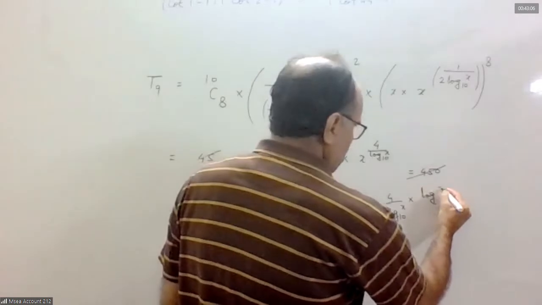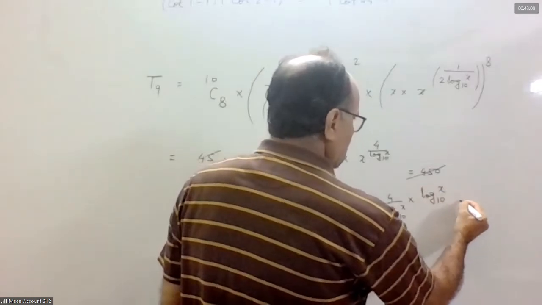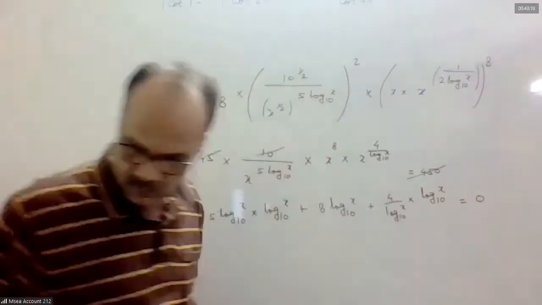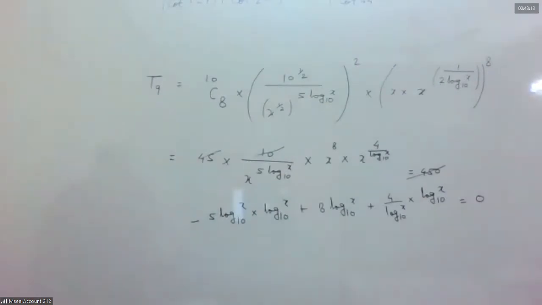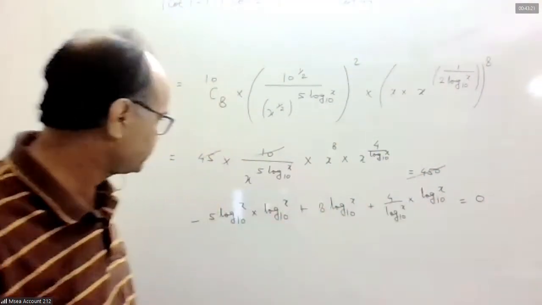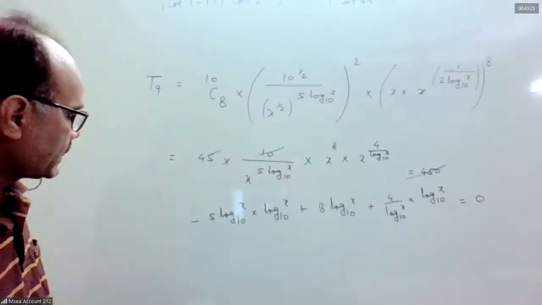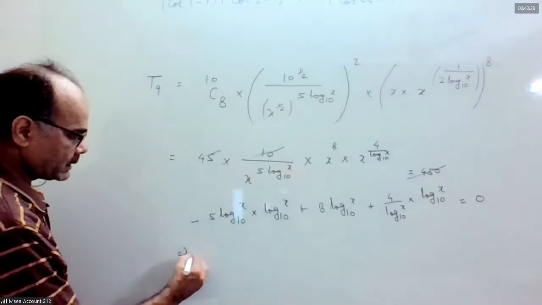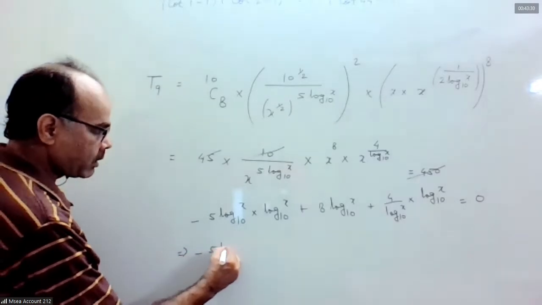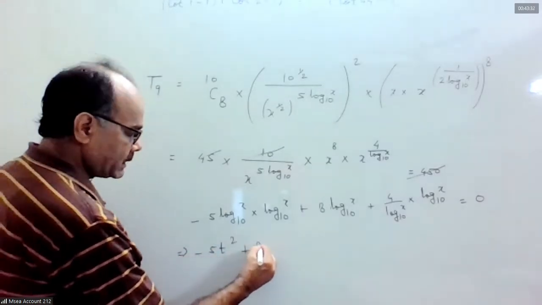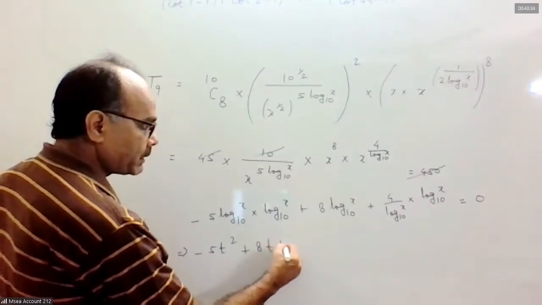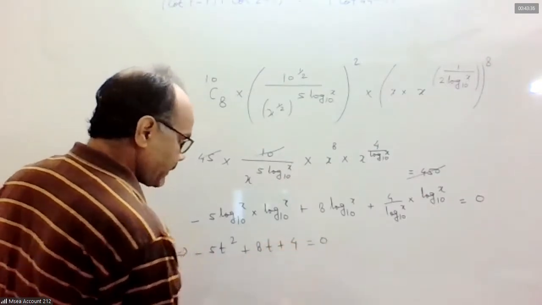Understood. Okay. This equals 0. Log 1 is 0. Yes, sir. So this will get cancelled. Log x base 10 is t. Okay. So this implies minus 5t square plus 8t plus 4 equal to 0.